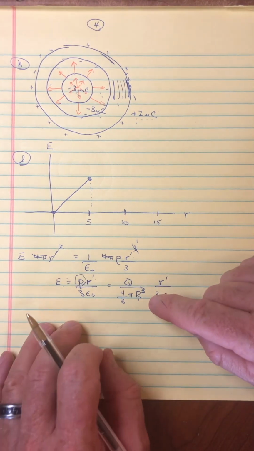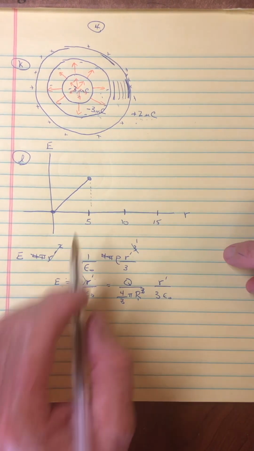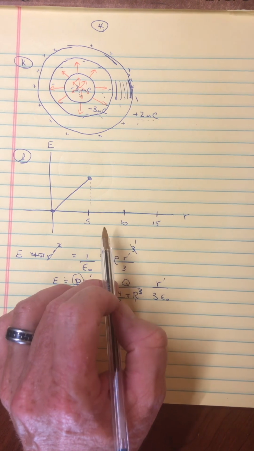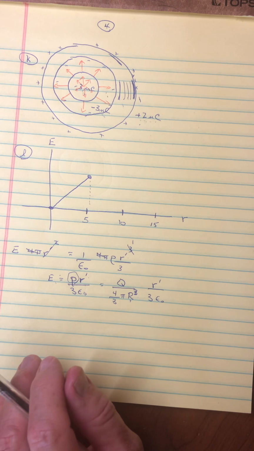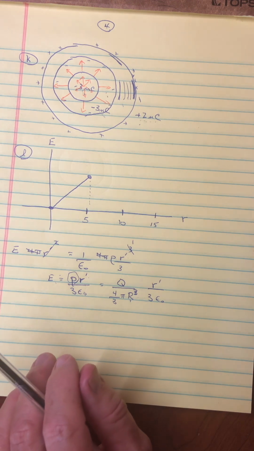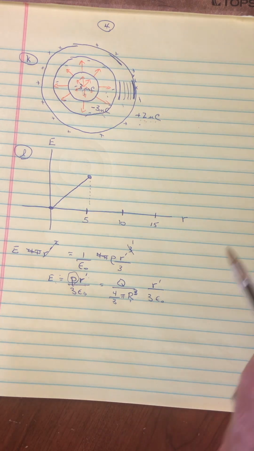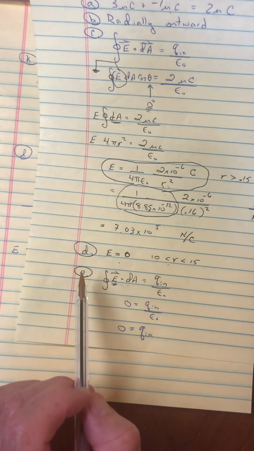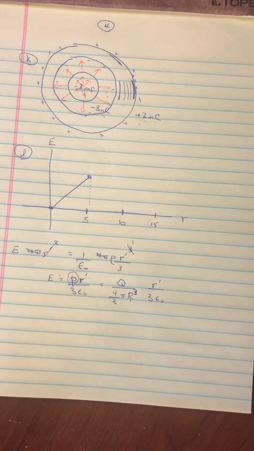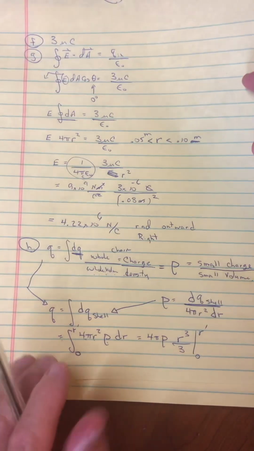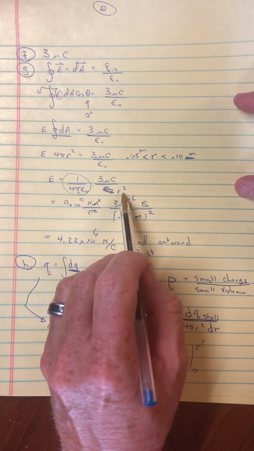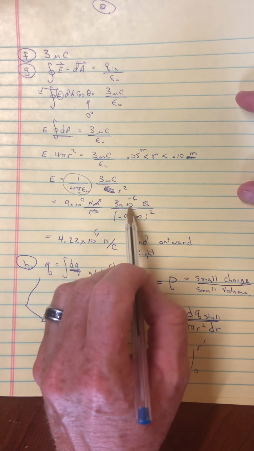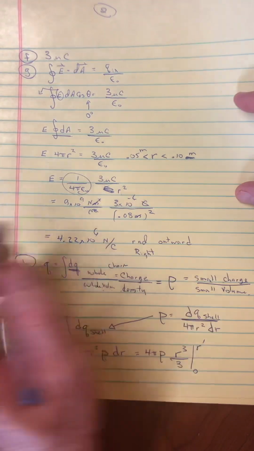So that's the hard one. Now, the others, I think, are pretty easy. We actually did this one somewhere. That would be in the area of B. What question was that? B, I think, was page 2. Yeah, right here. And we got this r squared effect as we moved out from 5 to 10.